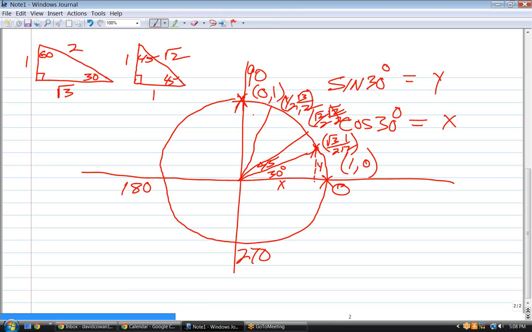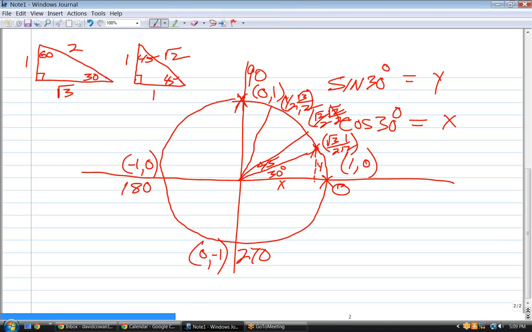In other words, for these quadrangles, it's easier to read the coordinates and figure out what the two main trig functions should be. In other words, this coordinate over here is minus 1 comma 0. This coordinate down here is 0 comma minus 1. So based on that, what is the cosine of 270?